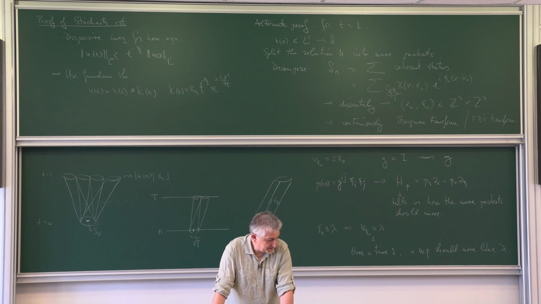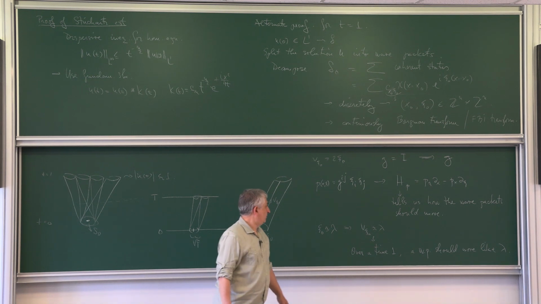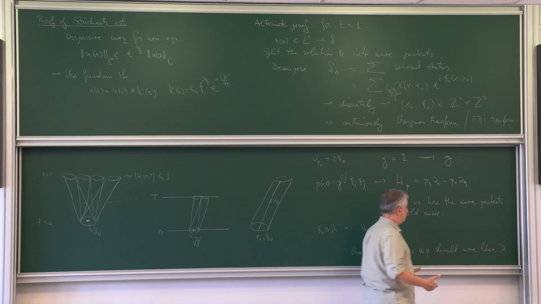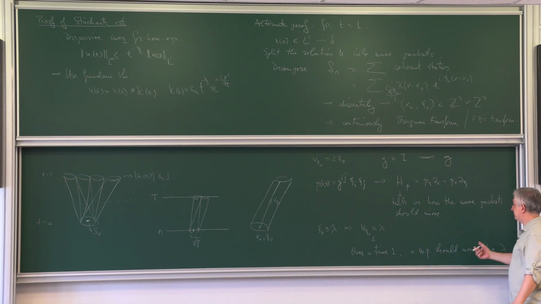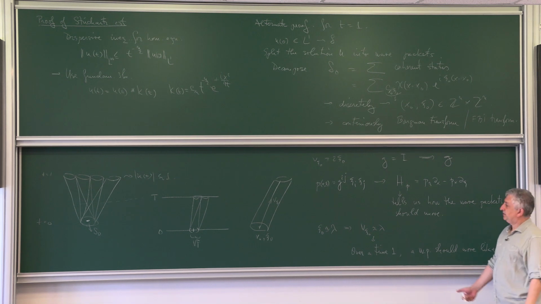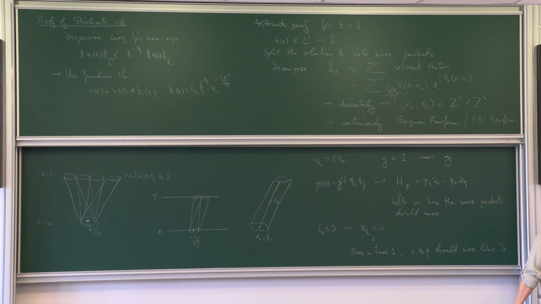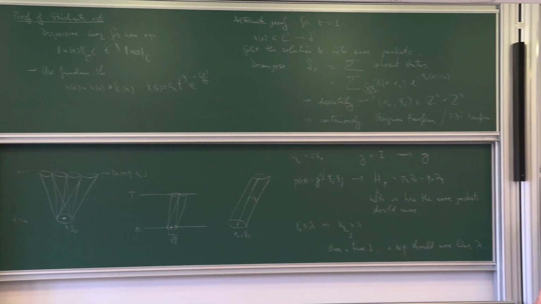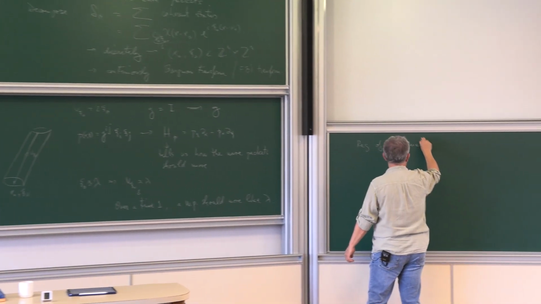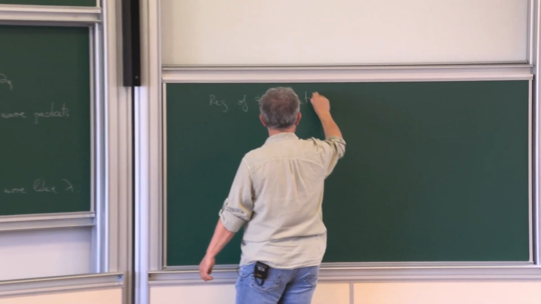And the second question is, will I still get some wave packets and some Strichartz estimates if I only want to use the local Hamilton flow and not the global Hamilton flow, right? So that's one question, of the metric.